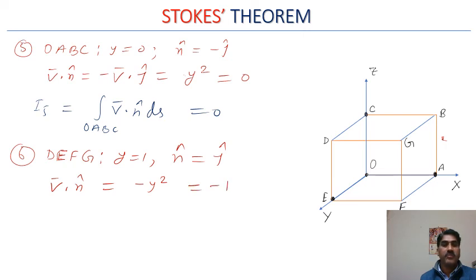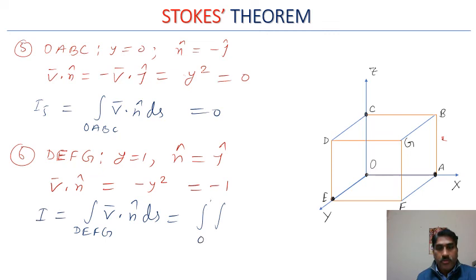Now the integral I6 on the surface DEFG of V dot N dS is the double integral 0 to 1, 0 to 1 of minus 1. And what variables vary on this surface? Here y is fixed, y is equal to 1, so x and z vary, so we write dx dz, and we get minus 1.